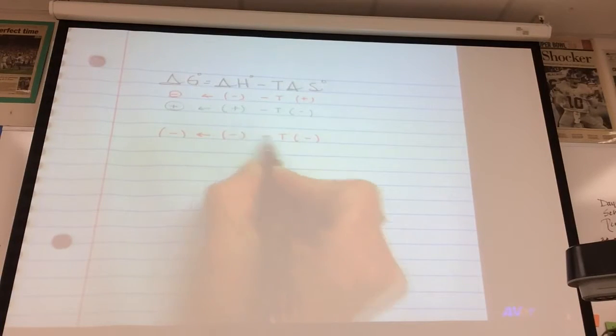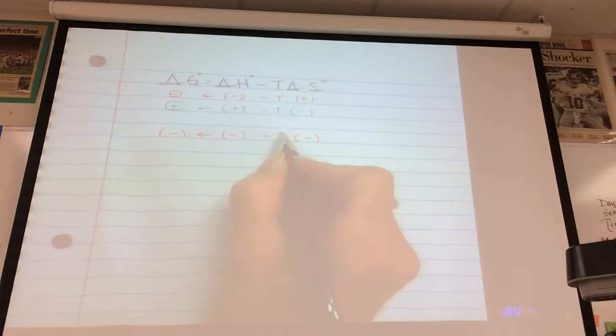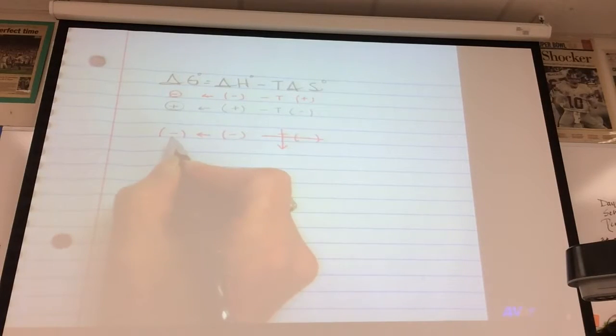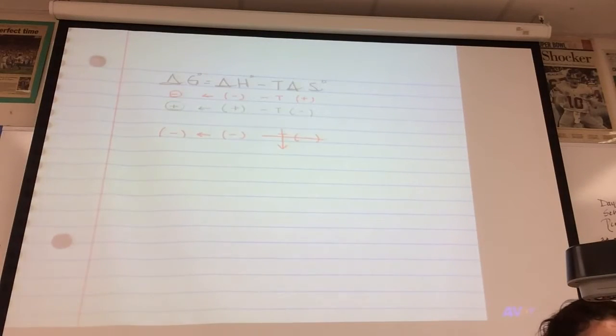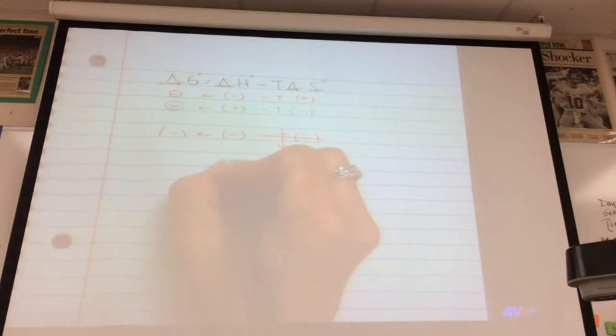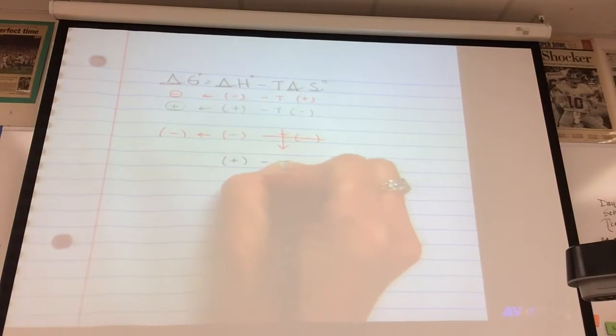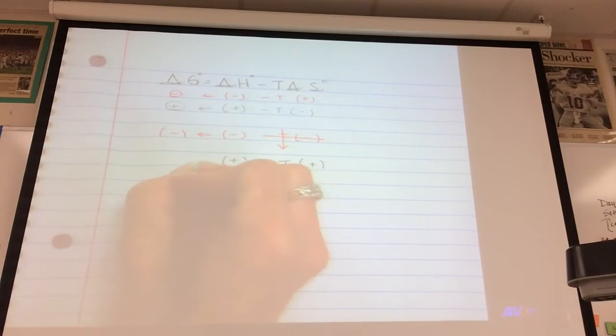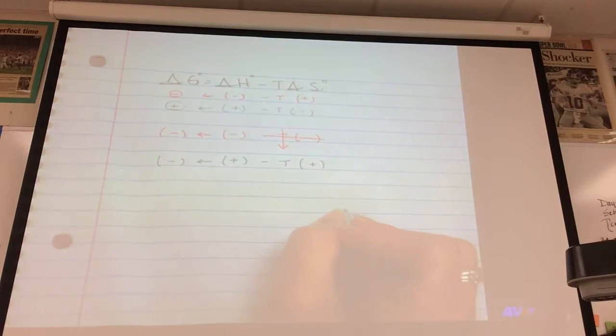The enthalpy or the entropy? It's got to be this. You want the temperature to be very low here, and the enthalpy term will predominate and drive the thermodynamically favorable reaction.